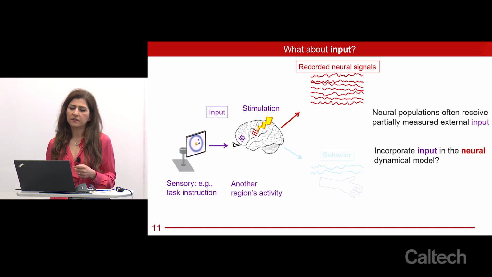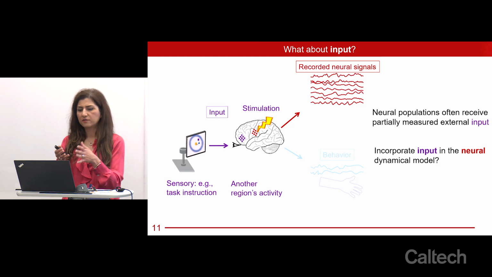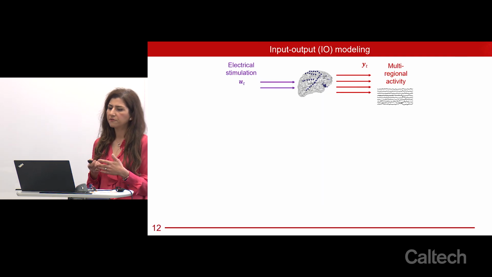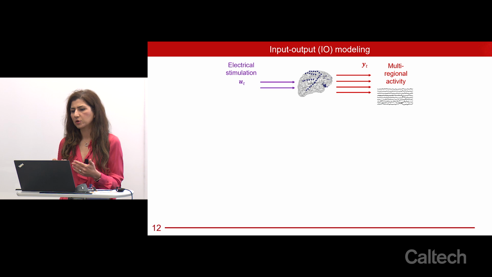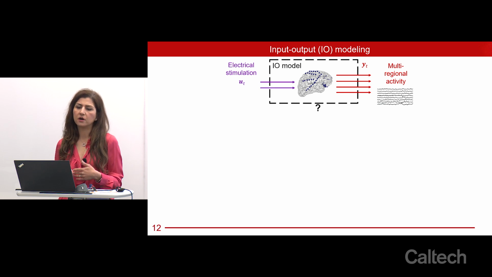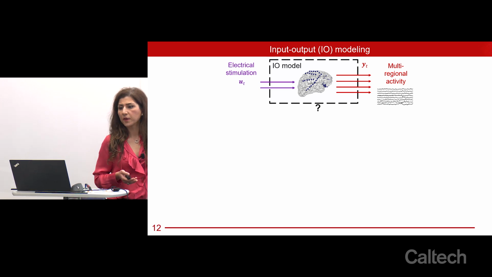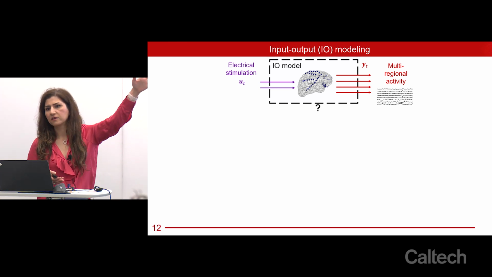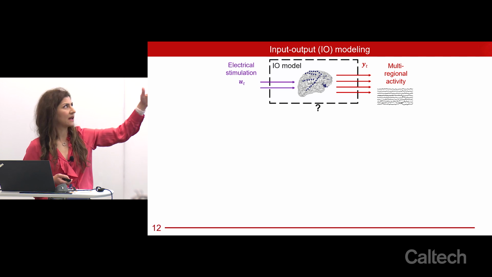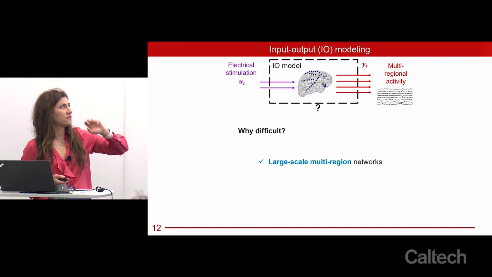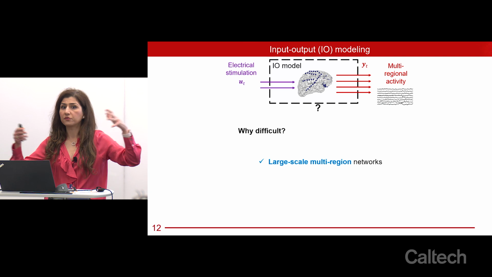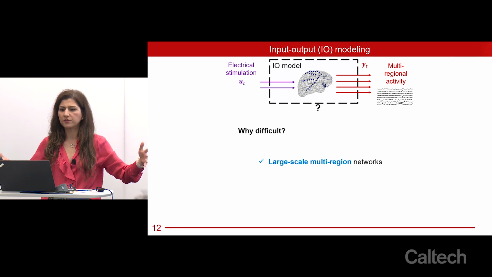So our first attempt in this direction was to model the effect of electrical stimulation on multi-regional brain activity. So in this case, the goal is to essentially build a model of this box, how inputs affect neural dynamics. Now, we wanted to do this, as I mentioned, for large-scale multi-regional networks measured with local field potentials.